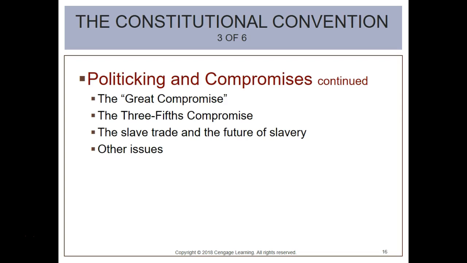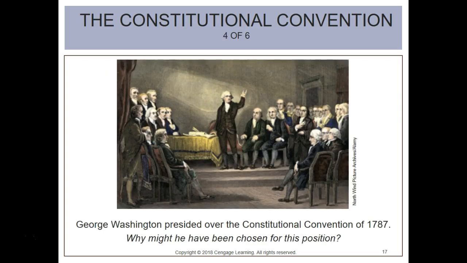And there's some more discussion on that later. We'll get more into that in the later chapters on civil rights and civil liberties.